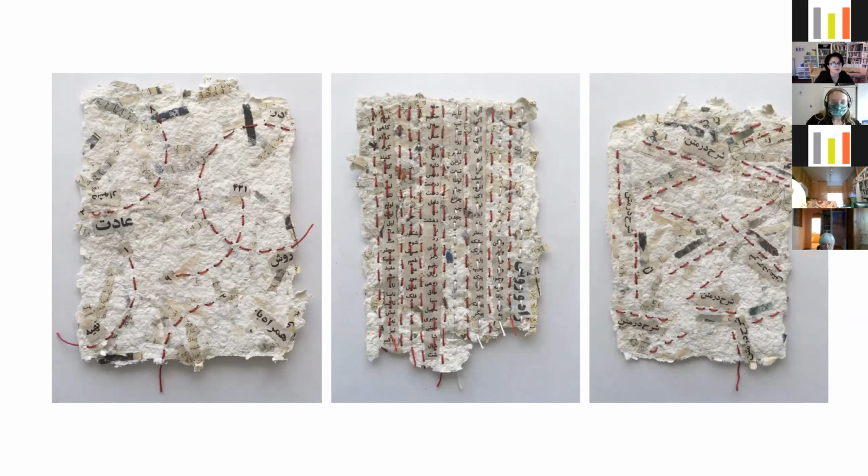I have no control over where the pulp and the piece of newspaper sit and how the whole composition works. But then afterwards, when I look at them, I can gain control over where I put the stitches, if I want to add anything to the piece, and then I can make it more balanced in a way.